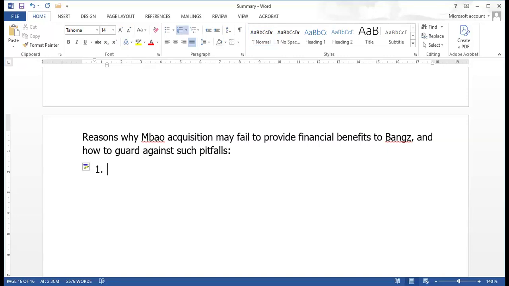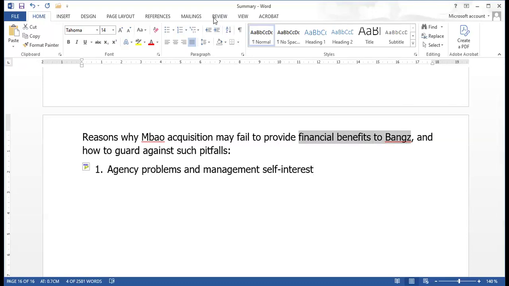Now, one of the reasons may be around agency problems, and this is regarding management self-interest. Remember, it is a reason why an acquisition may fail to provide the financial benefits to an entity. One, it could be the agency problem, or another student can say management self-interest.